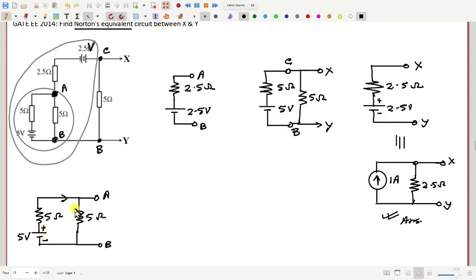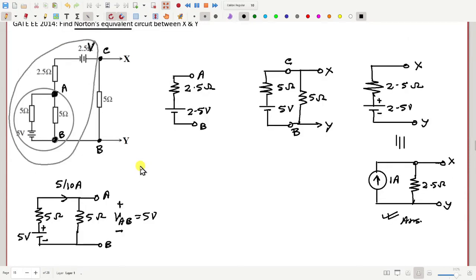How much is this current? This current is 5 by 10, 0.5. And then how much is the voltage between A and B? Then VAB will be 5 volt, this side plus, this side minus. Is it okay now? It's clear.